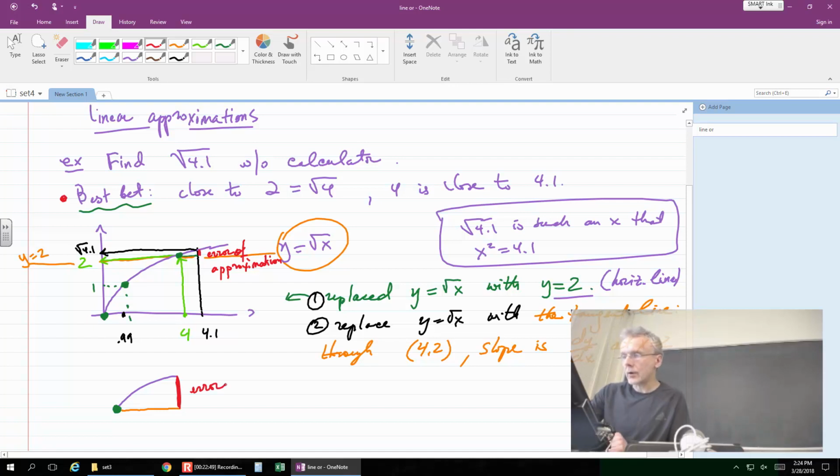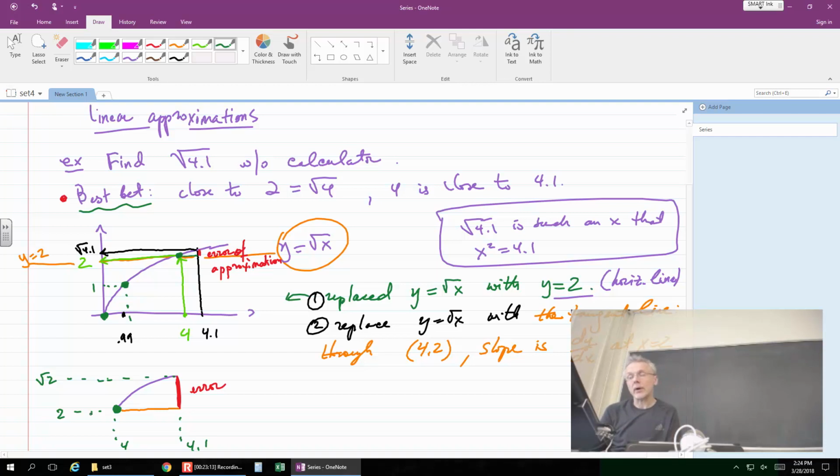So this is 2, this is 4, this is 4.1, and this is the actual square root. As you can see, that purple curve is unknown, but that is not a really good reason to discard it altogether, and we replaced it with the horizontal line y equal 2.